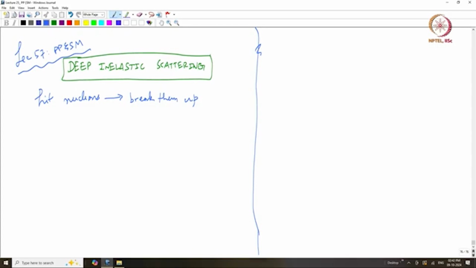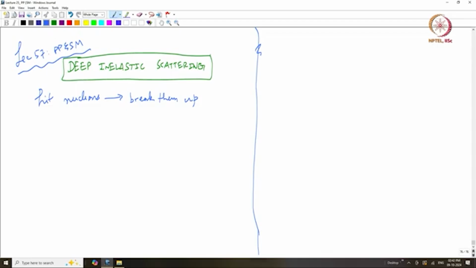What are they? Quarks and gluons. How do we know if all this wonderful quark model, and the SU(3) and confinement and all of these, is really true or not? We need to do an experiment, and that is exactly what this is.